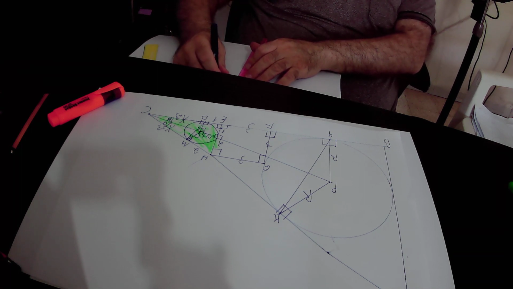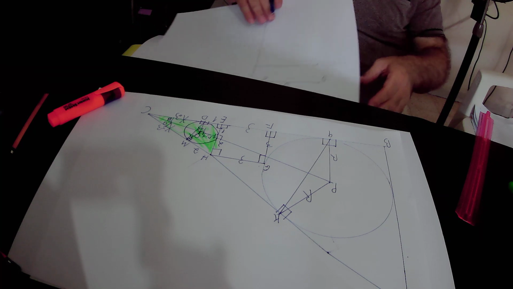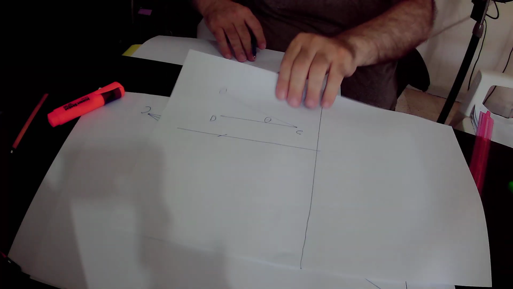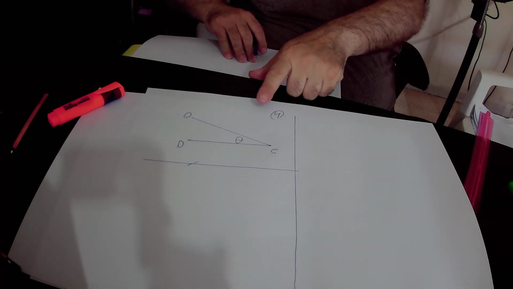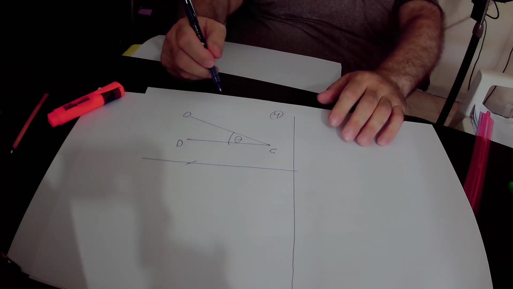According to our assumption, we have angle DCO equal to theta, since CO is the angle bisector.